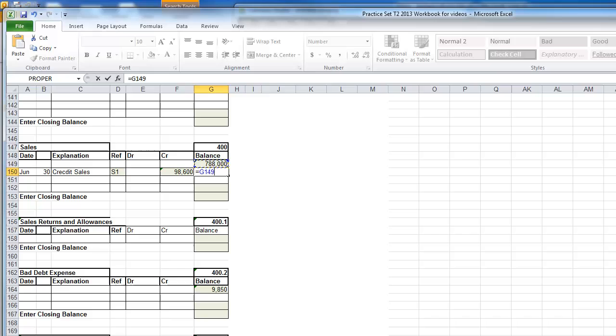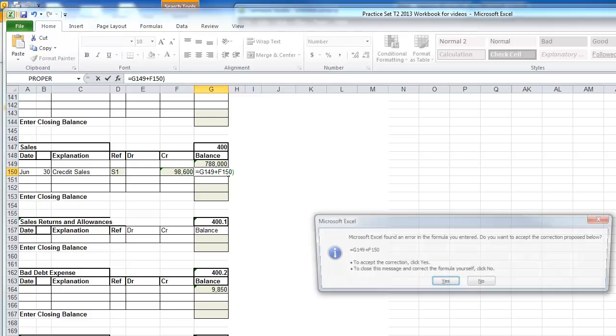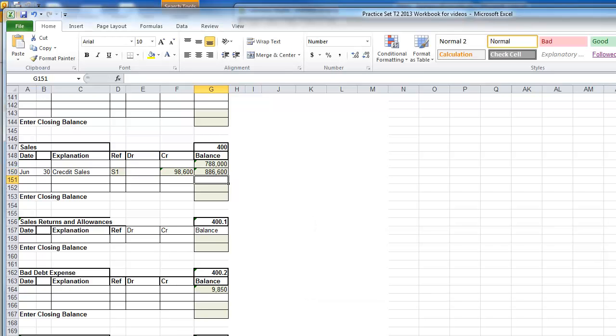And again, normal balance is a credit, so our sales prior to this month was 788,000, and we'll add the sales for this month. It's not likely you're going to have any minuses here. The minus would be if someone returned something, but we showed that in the contra account of sales, returns and allowances.